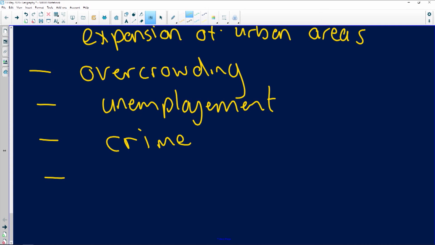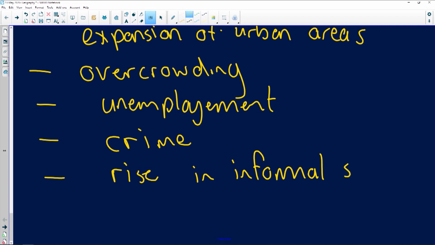And lastly, and we're going to discuss it in our next couple of questions, quite important as well, there's a rise in informal settlements. And once again, what's an informal settlement? It's a settlement that lacks basic needs and services such as proper housing, roads, and service delivery.